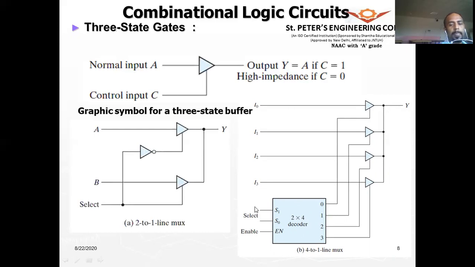As you know, decoders and multiplexers are similar circuits, right? If you add an OR gate to the decoder circuit, that becomes a multiplexer. All the outputs of the decoder, if you give them to one OR gate, that gives you the multiplexer. So that is a simple relation between decoder and multiplexer.